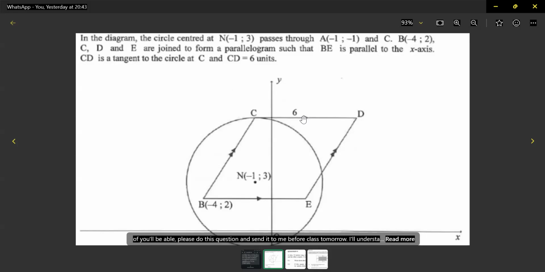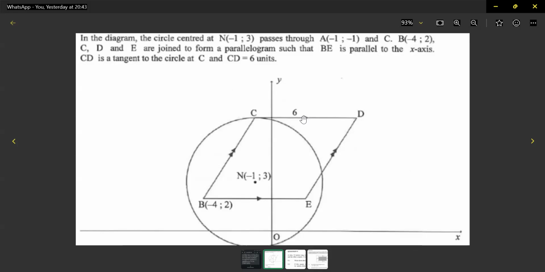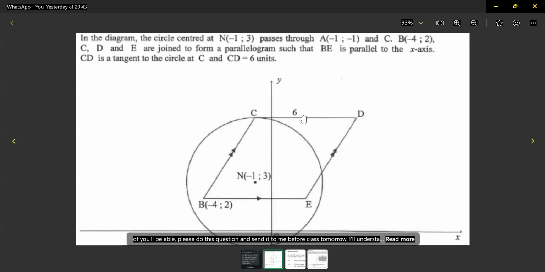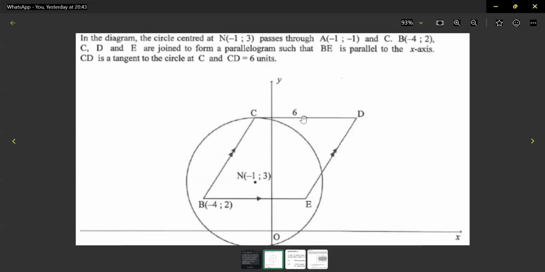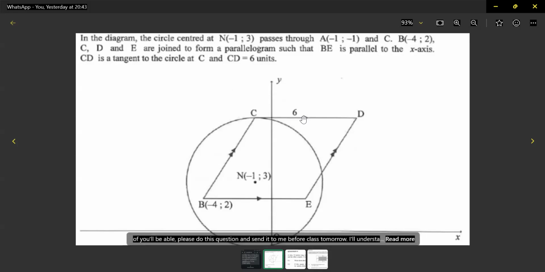Well, it means quite simply that BE is a horizontal line. And what do we know about a horizontal line? Well, the y values are the same for any value of x. In other words, the y coordinate of the point E is just going to be 2. Get it? Of course you do.